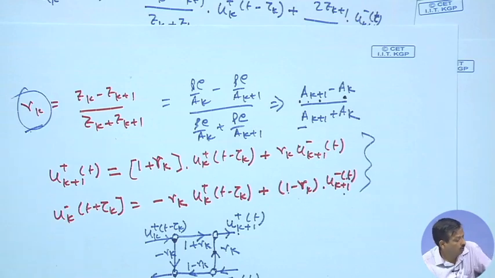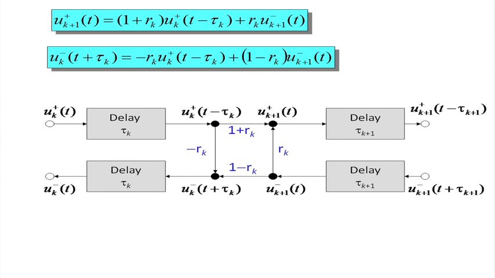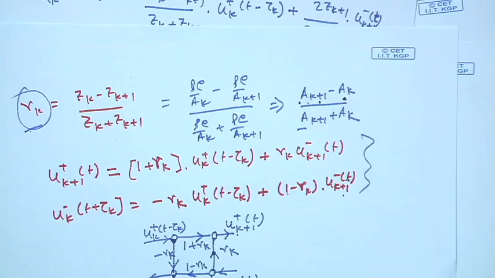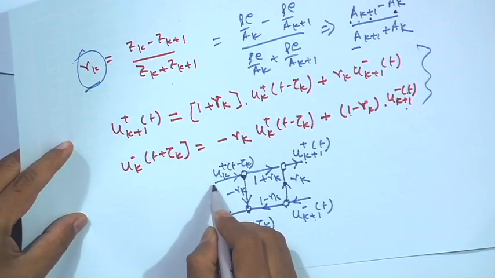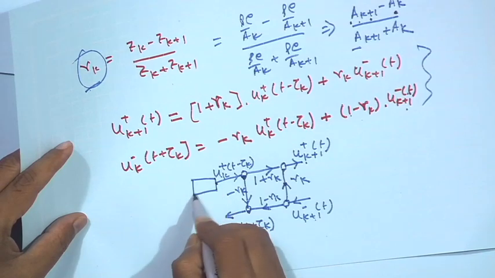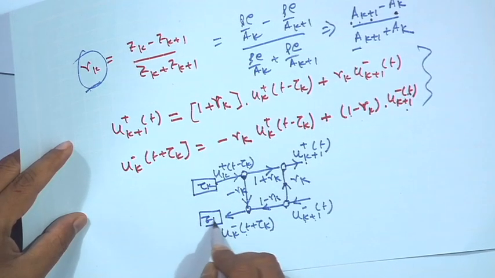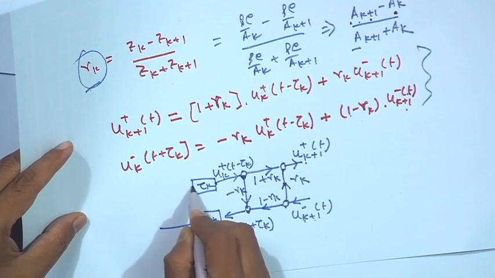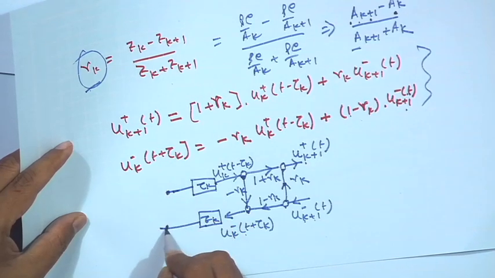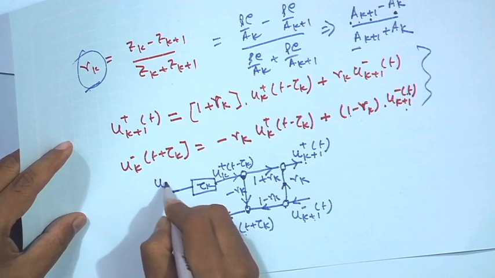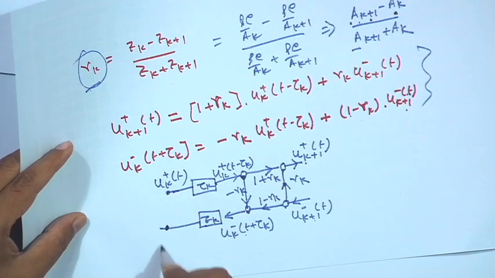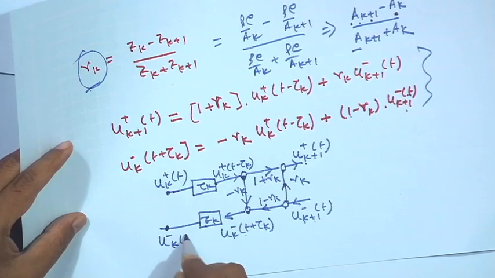Okay. So, the diagram: the kth tube length is L_k, so the delay is tau_k. So, I can say in the whole diagram, the kth tube length is L_k, so the delay will be only tau_k, here also there will be delay tau_k, and here I get the input of the kth tube, which is nothing but u_k^+(t) and u_k^-(t).